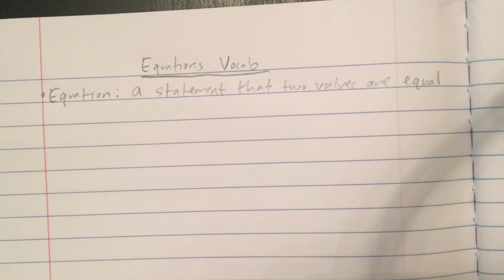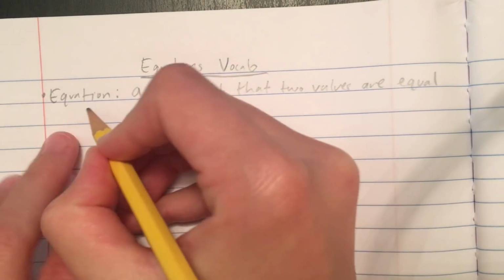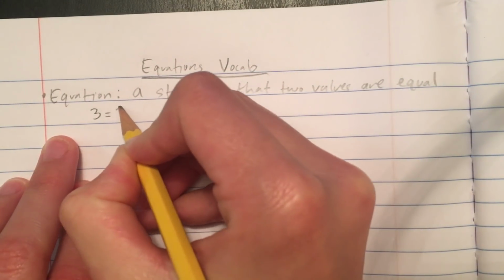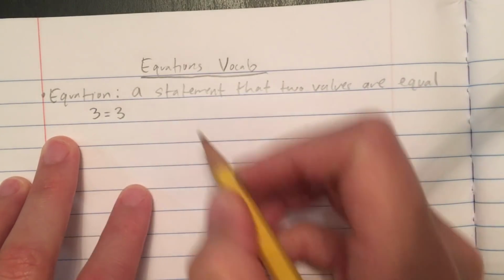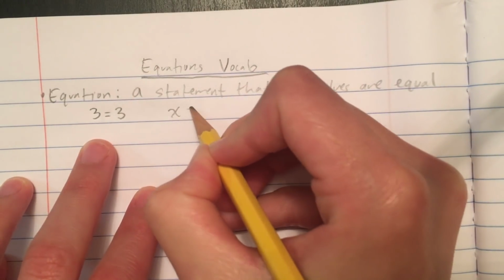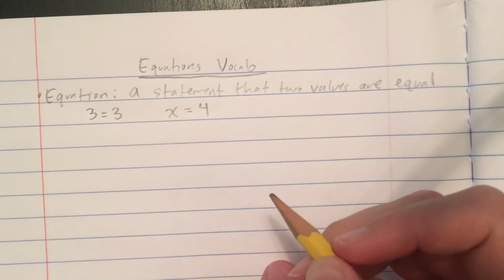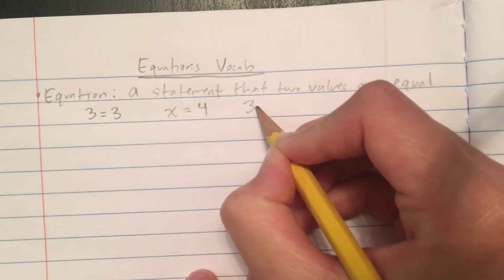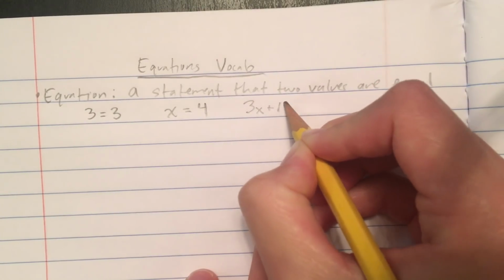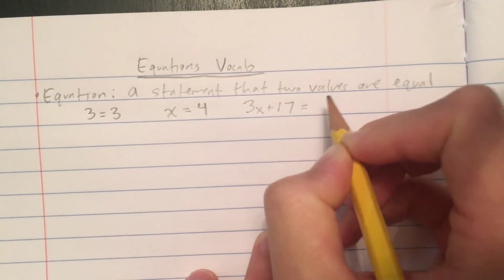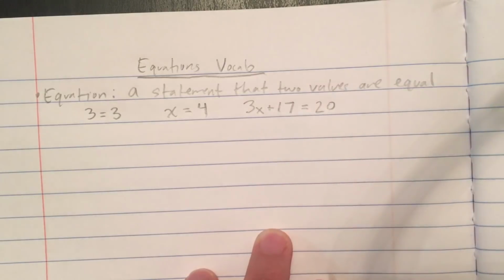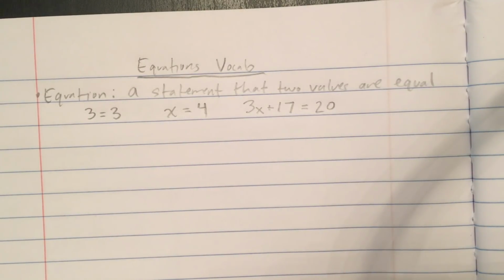So an equation is literally just 3 equals 3. That's an equation. Or x equals 4. That's an equation. Or it could be something more complicated, like 3x plus 17 equals 20, right? Something like that. These are all equations.